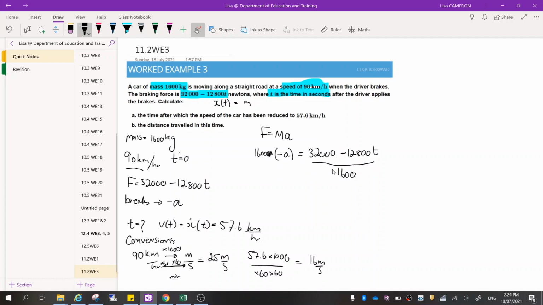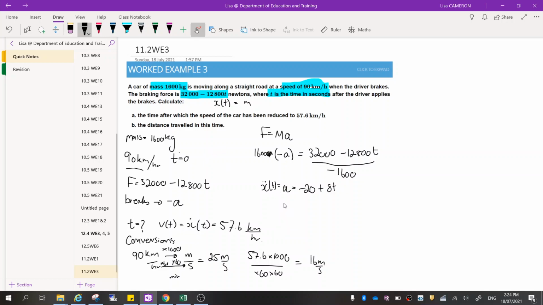I'm going to divide it by the negative as well, so I'm left with just a on its own. So that's going to give me negative 20 plus 8t. Okay, and that symbol can be shown like this. So we've now got a function for our acceleration.